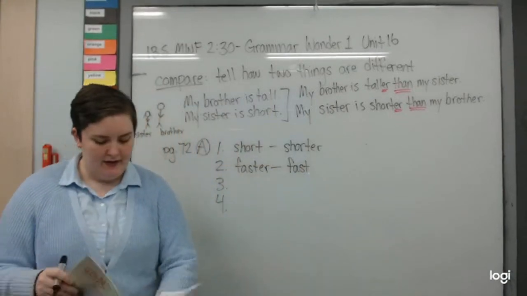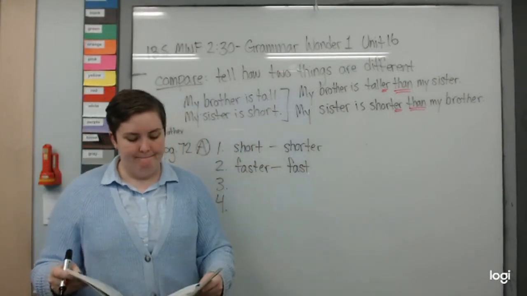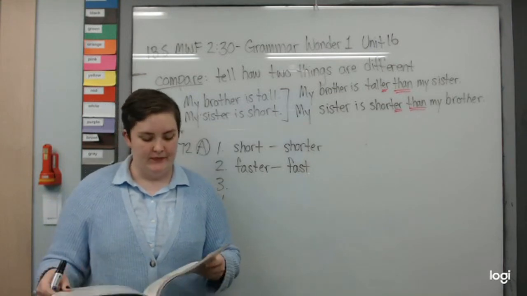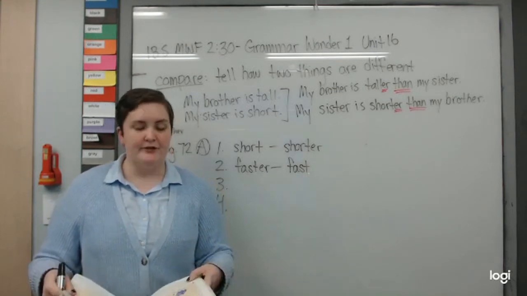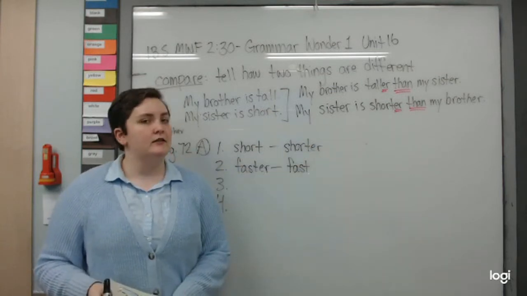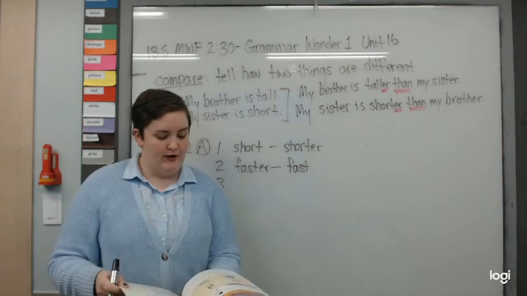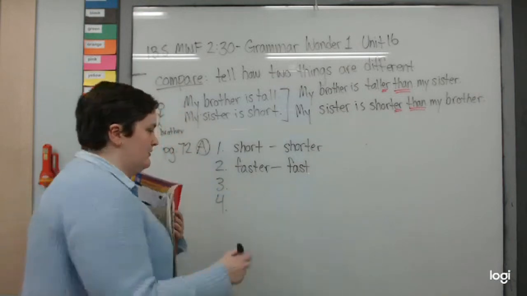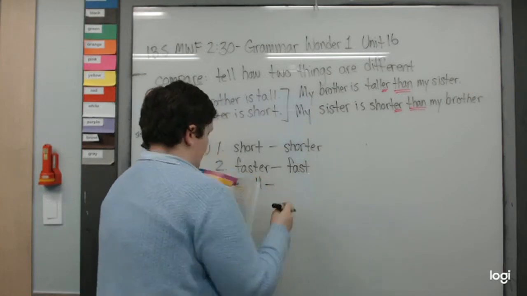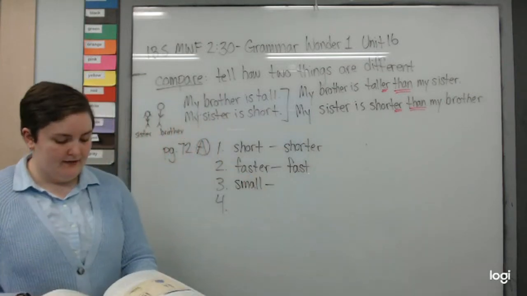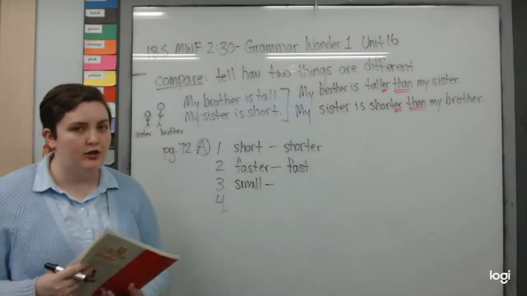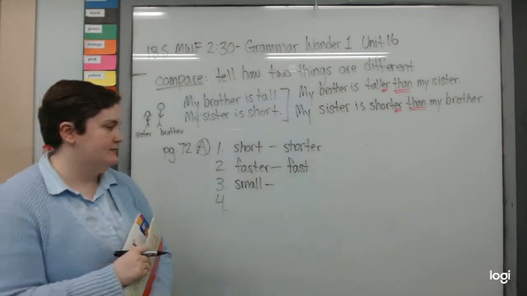Number 3, a rabbit is, a mouse is than a rabbit. So the first sentence, do we have than, T-H-A-N? No. So a rabbit is small. A mouse is smaller than a rabbit. Smaller because than.